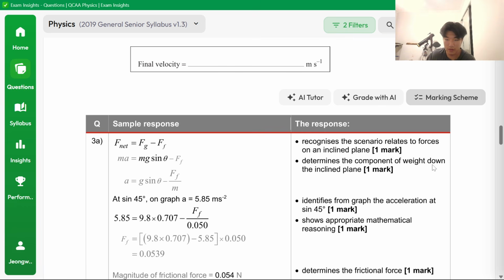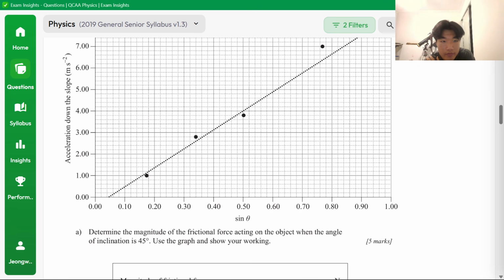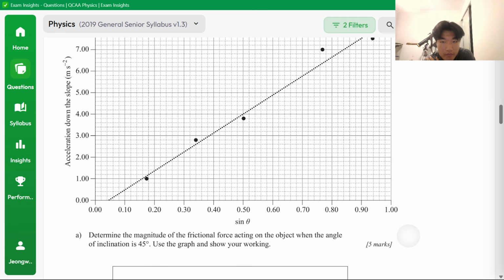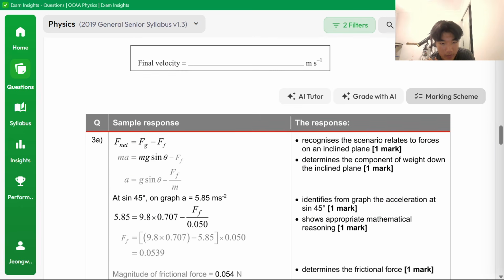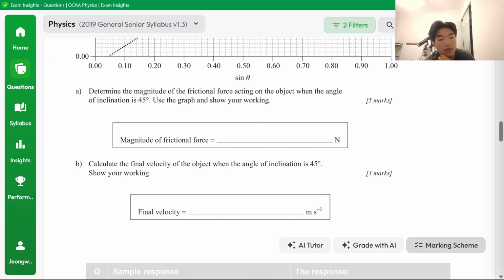Okay, so they got a slightly different acceleration value. But inherently, it's the same. Okay. Yeah. So I would accept that.